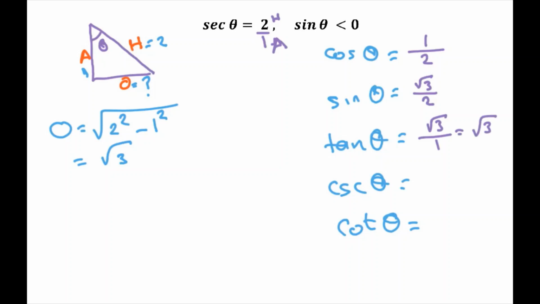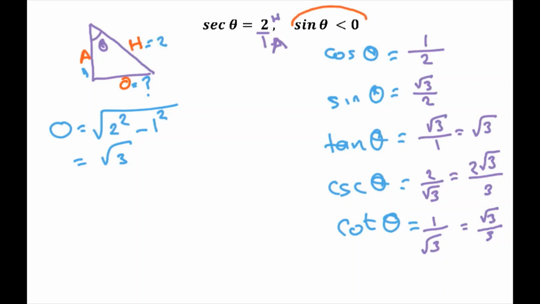Cosecant is the reciprocal of sine, 2 over square root of 3. I mentioned we need to rid of the square root of 3 in the denominator, so we multiply both by square root of 3. It's going to be 2 square root of 3 over 3. Cotangent is the reciprocal of tangent, so it's going to be 1 over square root of 3. When you multiply the numerator and denominator by square root of 3, you will get square root of 3 over 3.